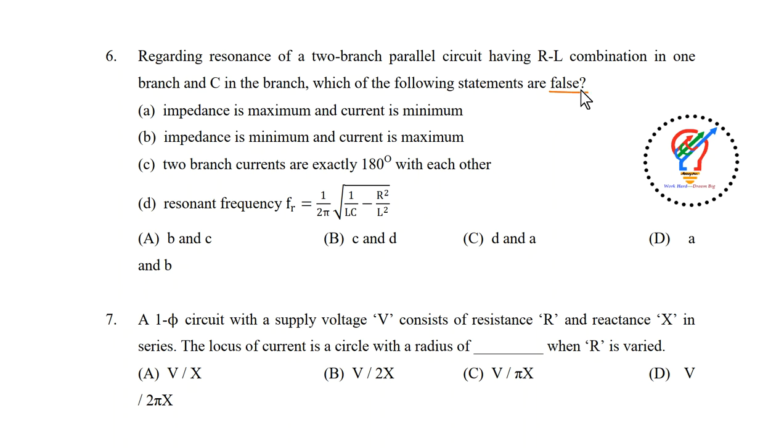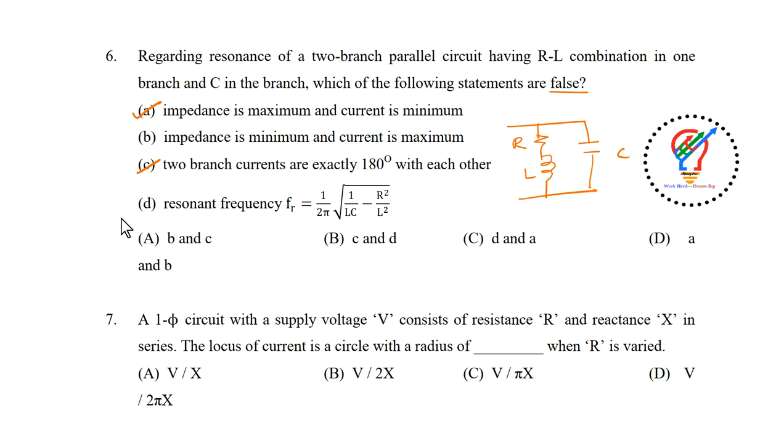Here we have a resonance circuit in which one branch consists of resistance and inductor, and another branch consists of a capacitor. During resonance of a parallel combination like this, impedance is maximum and current is minimum. So impedance is maximum is a correct statement. And the two branches are exactly 180 degrees with each other. So that's the right option.